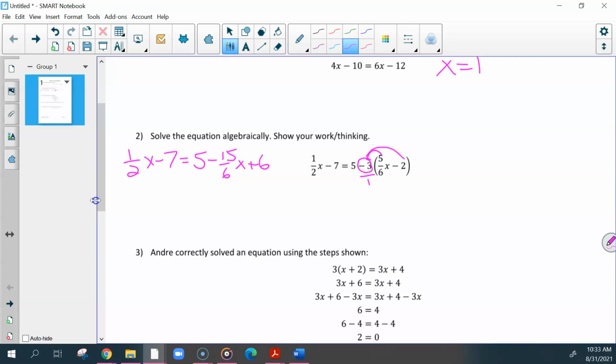Some of you may have done this without simplifying until later. Some of you may have simplified first. Either way works. I think when I did it, I simplified just because that's how my mind works.